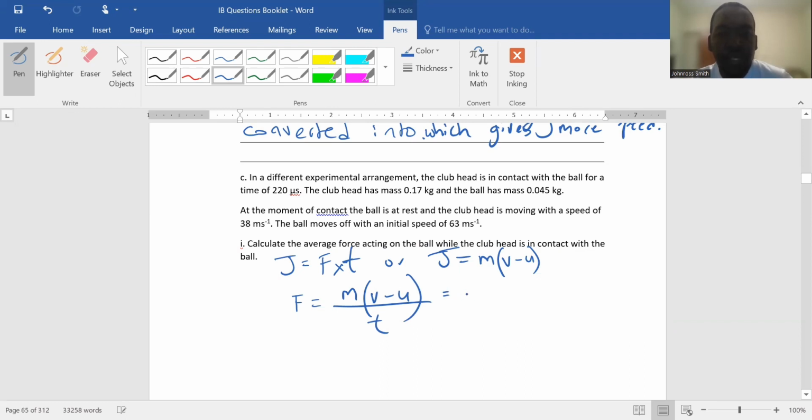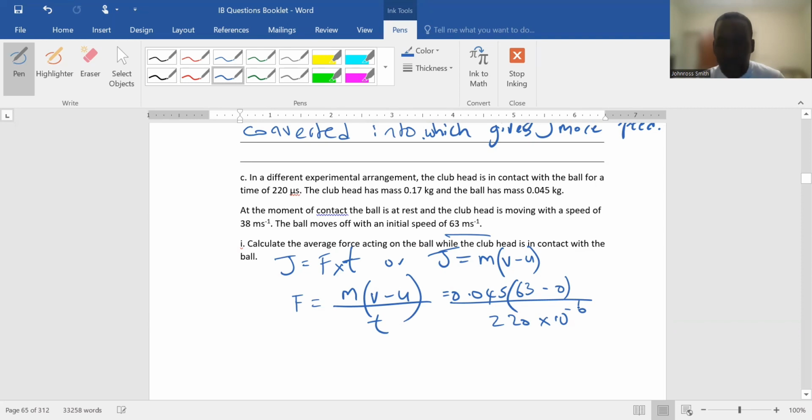So we put in the mass of the ball here, which would be 0.045, right? Its final velocity, it leaves with 63, and its initial will be 0. And then the time of contact would be 220 microseconds, which is times 10 to the negative 6.